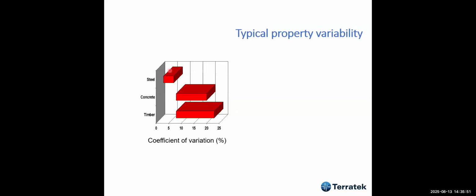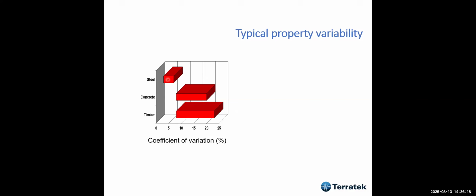And a typical property variability. This is something that we have to understand. So if you are looking at steel, concrete, and timber, this variability is very small. Why? The coefficient of variation is small. Why? Because steel is a man-made product, so it can be very well controlled.